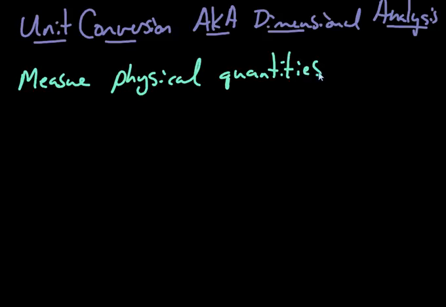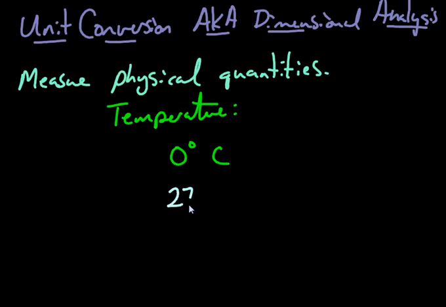One example of the difference between a physical quantity and the units of measurement would be temperature. If we're talking about temperature, we can measure it in a few different ways. We could say a temperature is 0 degrees Celsius, but that same temperature on a different measurement scale, say Kelvin, could be 273 K. And this is also the same thing as saying 32 degrees Fahrenheit.